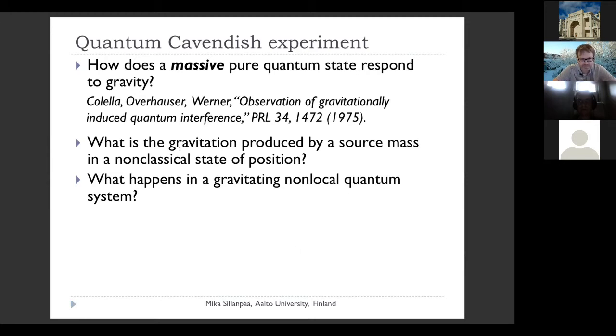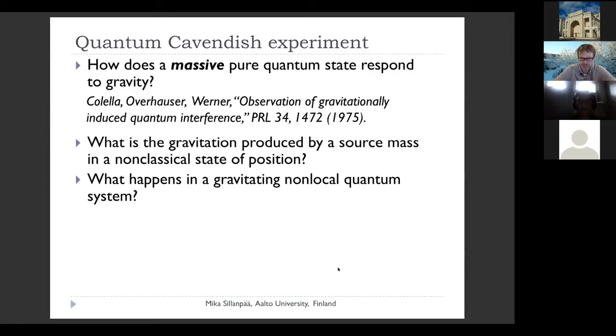Then the next interesting question: what if you have a mass which is producing observable gravity, and the position of which is in a non-classical state? I'm not here saying that it's really a spatially separated superposition, like spaced by microns, because that's not possible currently. But anyway, that it is some kind of superposition state.